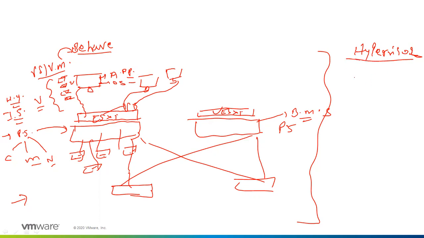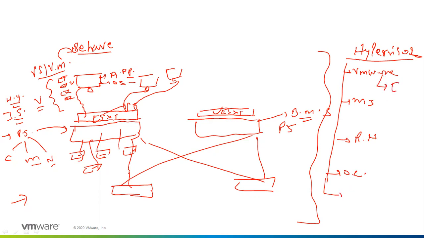There are a lot of companies providing this solution, but the top one is VMware, then Microsoft, then Red Hat, then Oracle. So a lot of companies are available in the market. The hypervisor from VMware is ESXi, from Microsoft it is Hyper-V, from Red Hat it is KVM, and from Oracle it is Oracle VM.